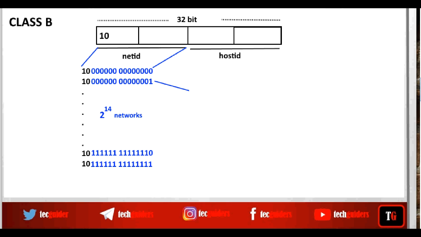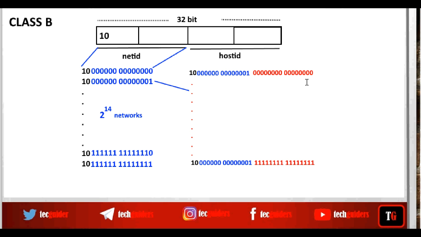The first 2 octets are fixed to be the network ID. With the remaining 2 octets, with the remaining 16 bits, there are 2^16 possible combinations from all zeros to all ones. So with respect to each network ID, there are 2^16 possible IP addresses.